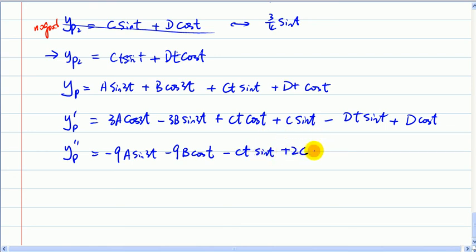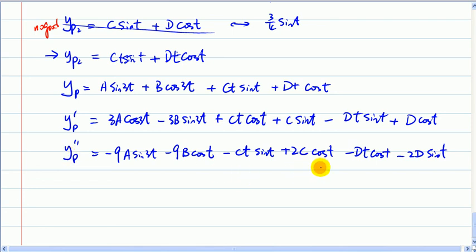Seriously, you need to carry this out. It tests your patience. See if you can get this. Write clearly and use as many spaces as you can. Don't crowd everything into one little corner. So we've got yp prime and yp double prime.